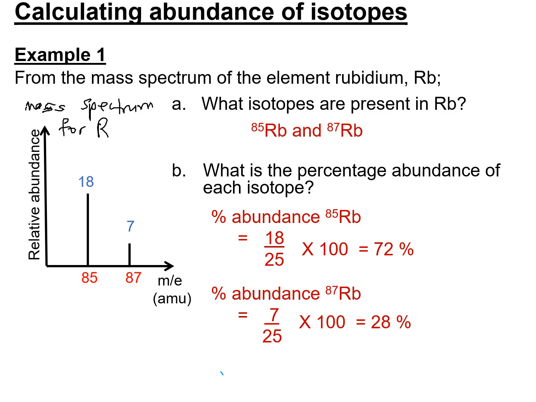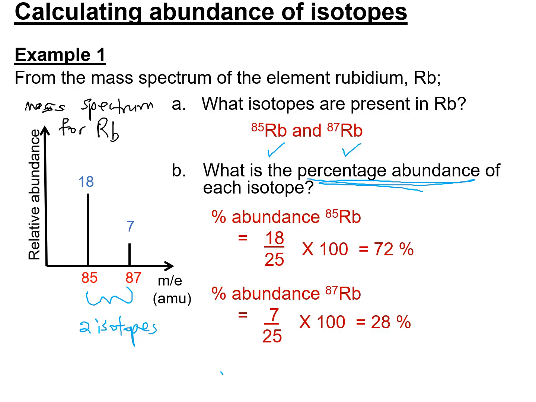You tengoklah kat sini, dia ada berapa jenis isotop ni? Dia ada 2 isotopes kat sini, which is 85 Rb and 87 Rb. Dia kata, what is the percentage abundance of each isotope?